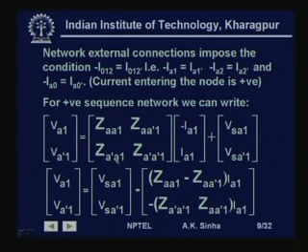Now, this is ZA dash A1, and this minus is missing here, so minus we have taken here. This is positive because ZA dash 1 into IA1 is here.